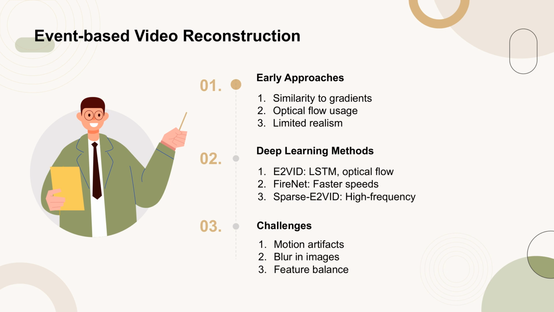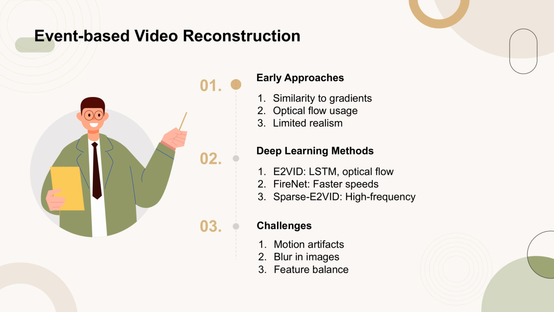E2VID uses LSTM and optical flow constraints on large datasets. FireNet achieves faster reconstruction speeds with a lighter architecture, and sparse E2VID emphasizes high frequency by learning gradients. Despite these advancements, challenges remain in balancing long-term and short-term event features, leading to motion artifacts and blur in reconstructed images.